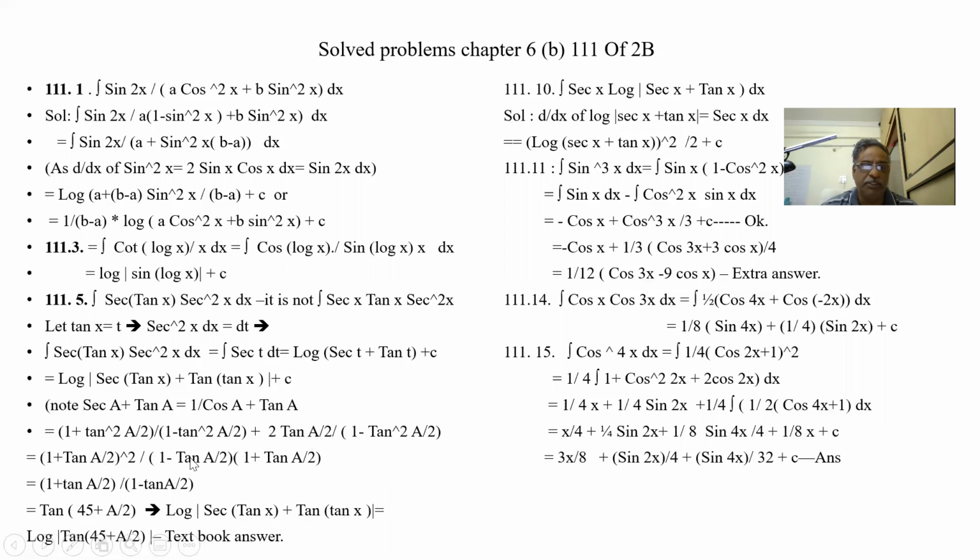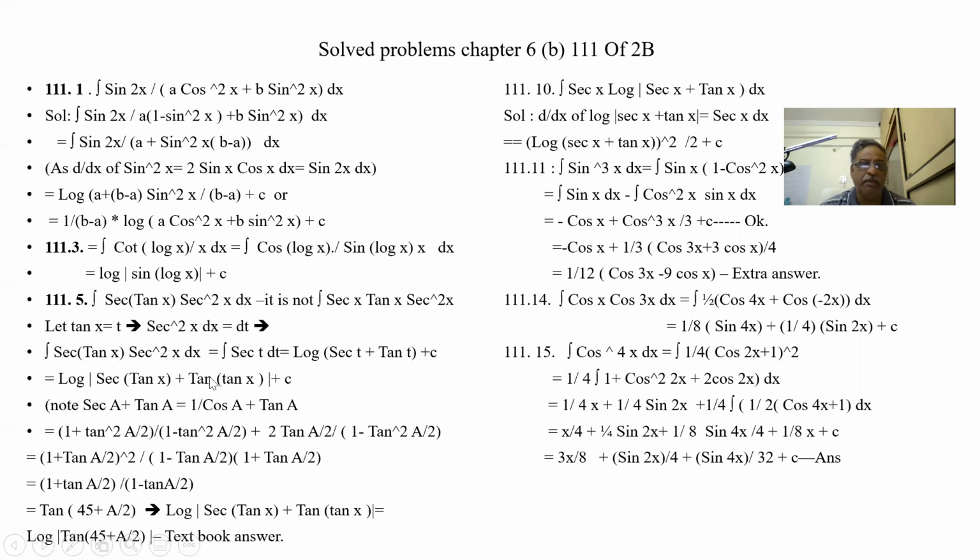The denominator 1 minus tan square theta by 2 can be written as a plus b into a minus b, so this square gets cancelled. So 1 plus tan a by 2 by 1 minus tan a by 2 is nothing but tan 45 plus tan a by 2 by 1 minus tan 45 tan a by 2, that is tan of 45 plus a by 2. So a is nothing but tan x, so this is tan of 45 plus tan x by 2.